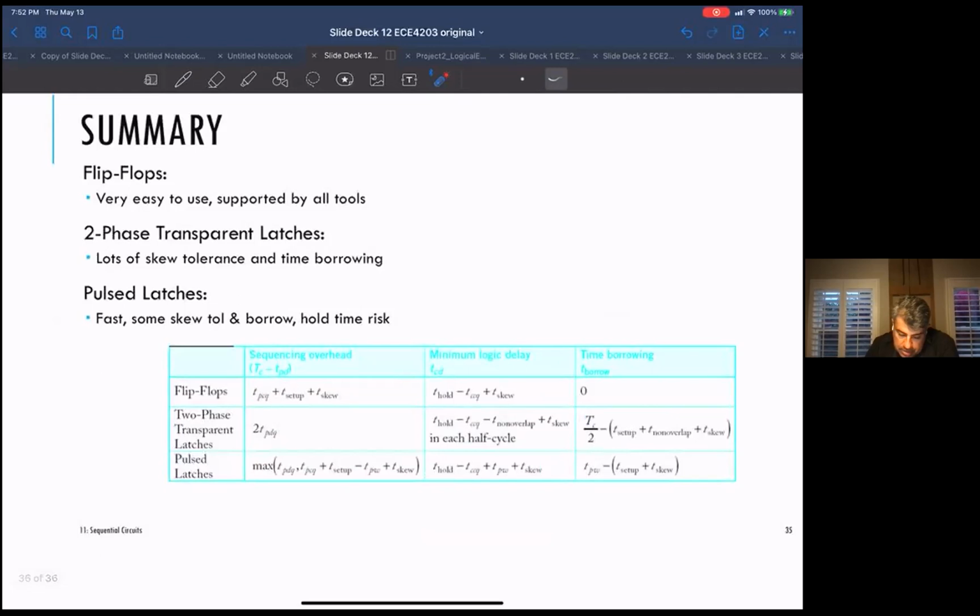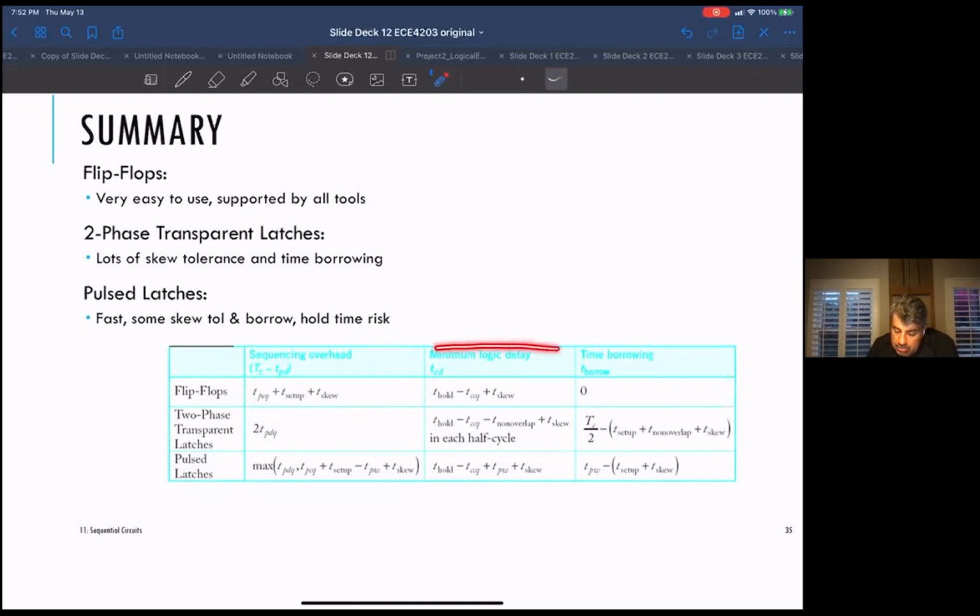Okay, so here's just the summary of the other stuff. I want to emphasize to use flip-flops, especially if you're using timing tools, and avoid latch-based design as much as you can. With flip-flops, make sure you worry about the hold time, the minimum delay. Most people tend to ignore it and focus on maximum delay, which is of course important because that sets the slowest clock you can have.